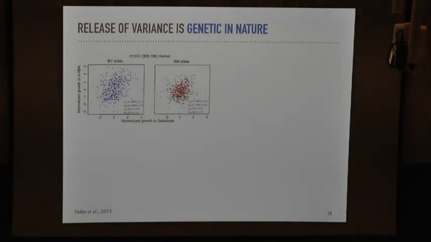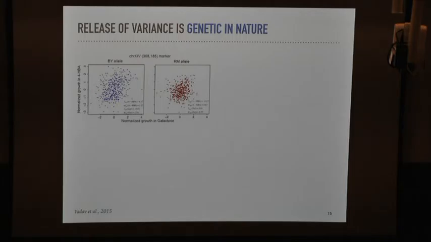So for example, if you consider growth in galactose versus growth in 4-HBA, hydroxybenzaldehyde, for two alleles of this marker, you can see that the BY allele has a higher variance compared to the RM allele, which is also indicated by the higher variance value of 1.24 here.